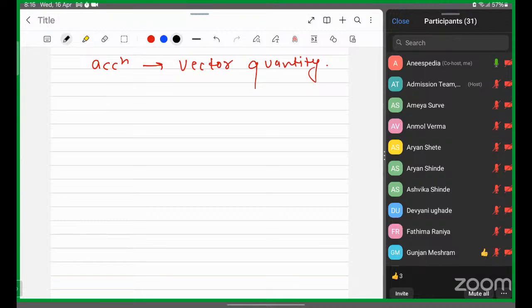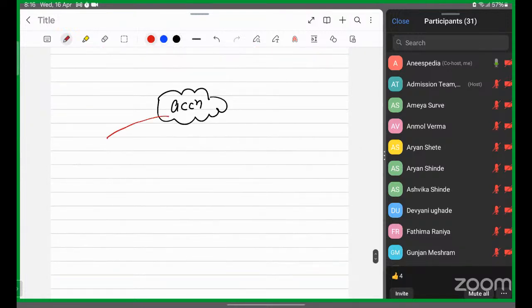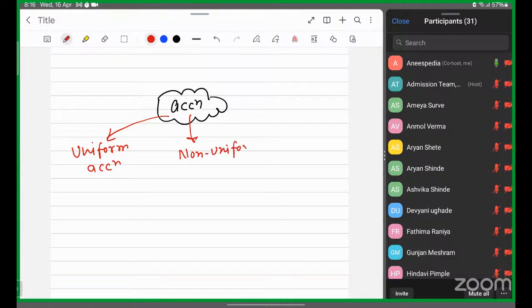Now we have types of acceleration. First one we have uniform acceleration. Second one is non-uniform acceleration. Average acceleration.